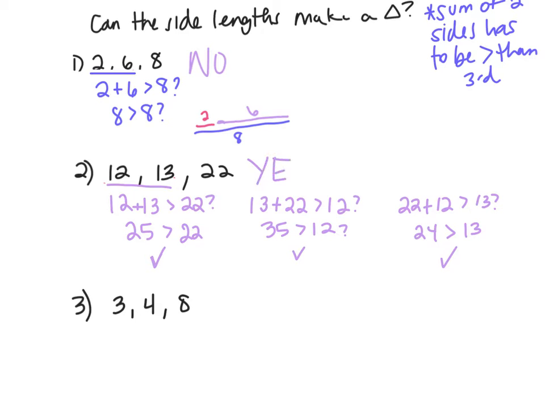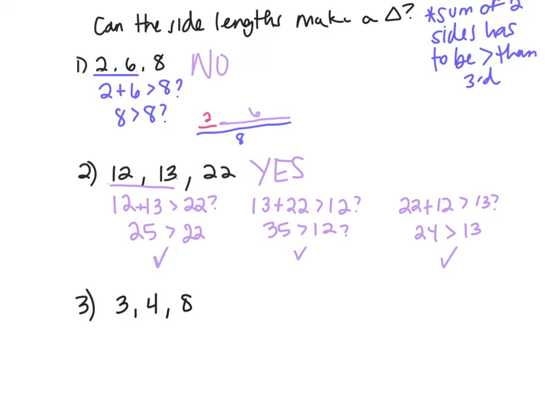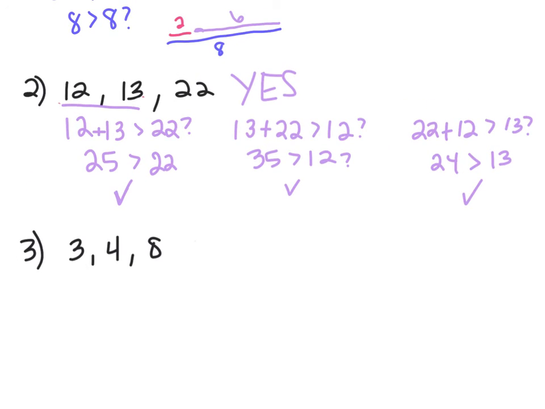All right. So since all three pairs, 1, 2, 3, are greater than the third side, yes, these side lengths would make a triangle. Okay. And then, oops, 22 plus 12 is not 24, it's 34. Thank you, Michael. Okay, 34.